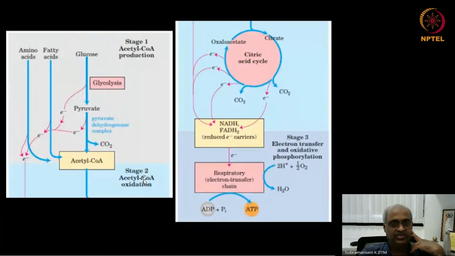Then in stage 2, the acetyl-CoA is oxidized. You see the 2 carbons in acetyl-CoA go as carbon dioxide via the TCA cycle, and the electrons are abstracted. And the electrons abstracted from this, remember the glycerol 3-phosphate dehydrogenase step, where we have NADH plus H plus produced. So that's what this is. And this we will see soon.